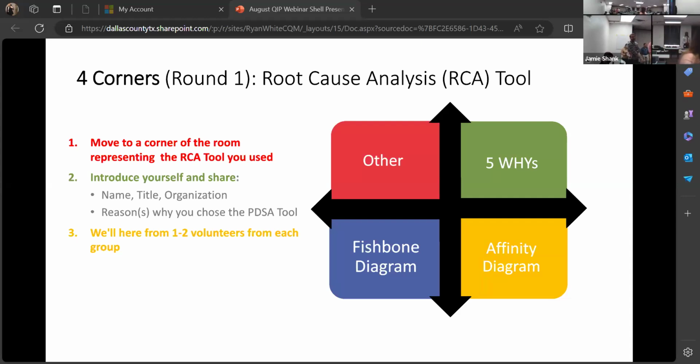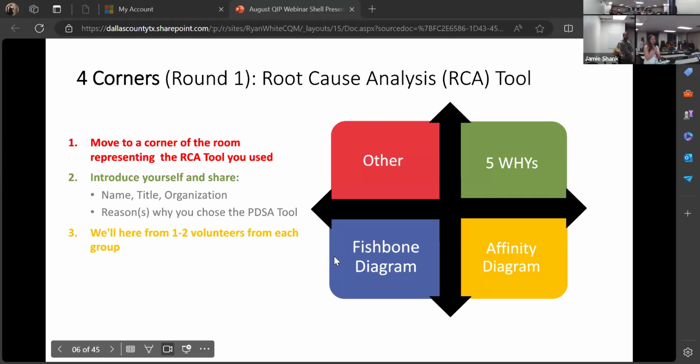When it comes to our chat, let's do some shout outs. So Cali Clinic, do you mind sharing the chat a little bit? By the way, my eyes are getting old, you guys. Yeah, so Cali Clinic also mentioned using 5 Whys and fishbone.